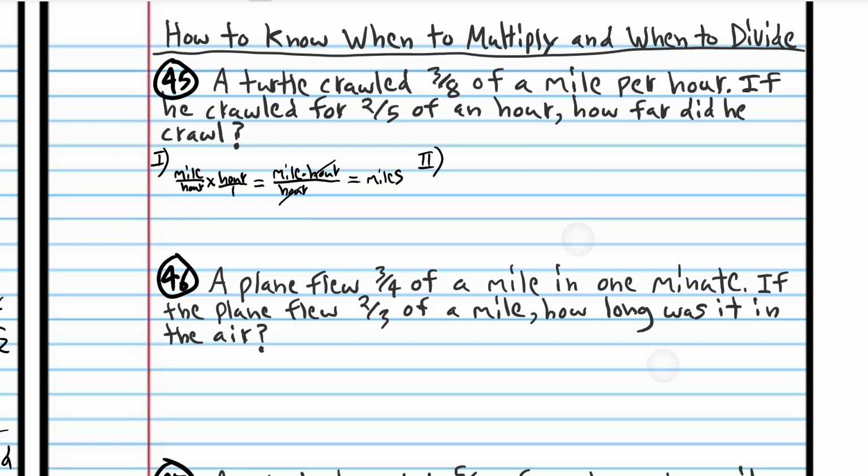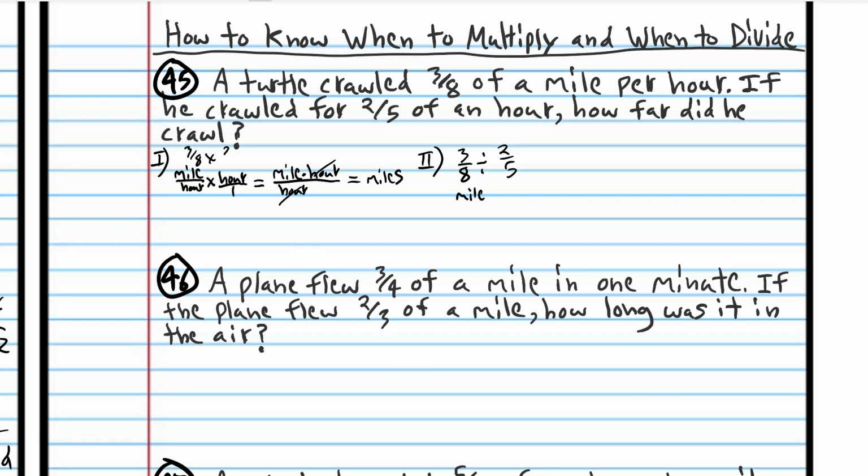But for division, it could be 3/8 divided by 2/5. In that case, it would be miles per hour divided by hours. And I guess I should have written those numbers above.